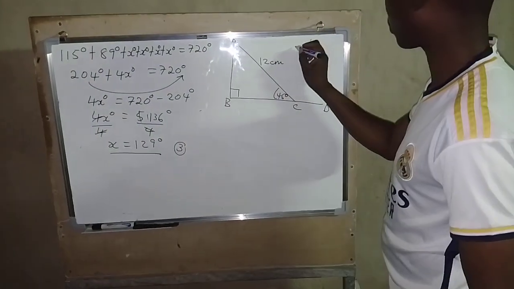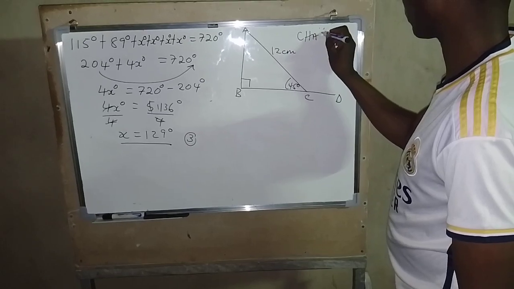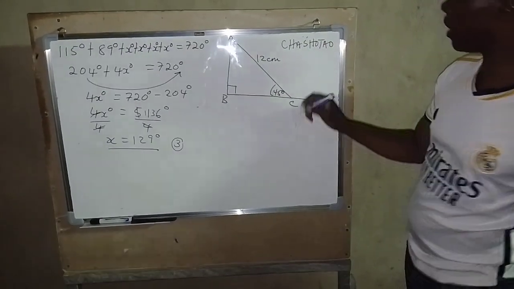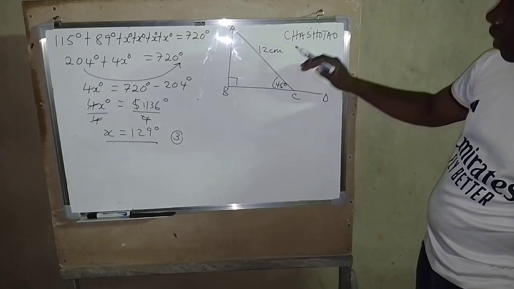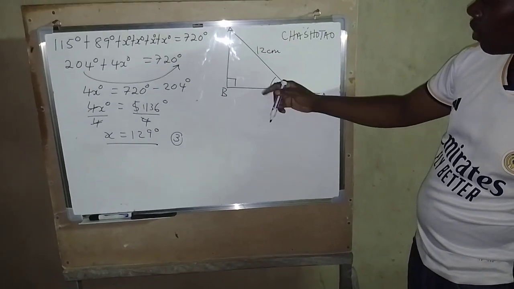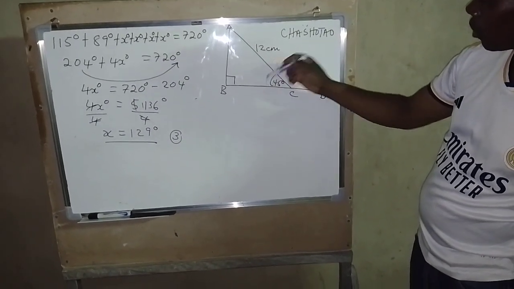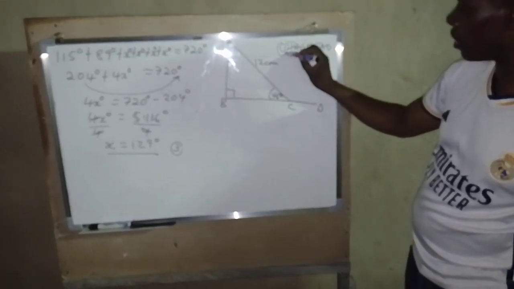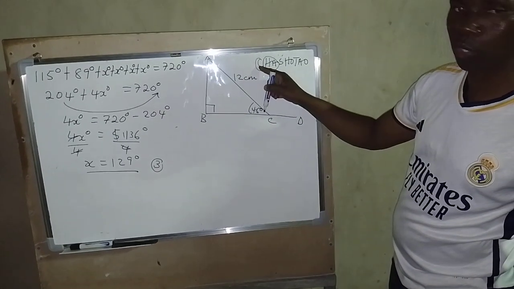Then from our acronym SOHCAHTOA, you can see clearly that the trig ratio with the adjacent and the hypotenuse is cos.